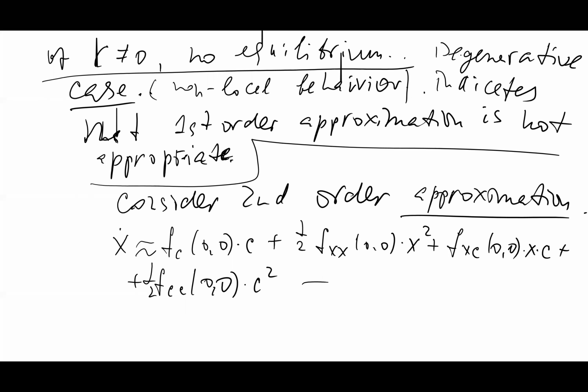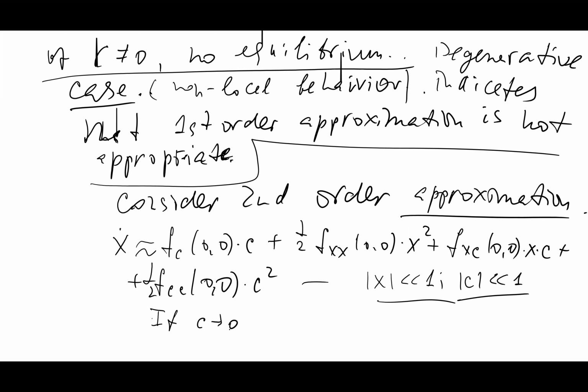Now, since it is an approximation, and approximations work for small values of x, we assume that x by absolute value is very small and c by absolute value is also very small. If c tends to 0, then c squared tends to 0 even faster.